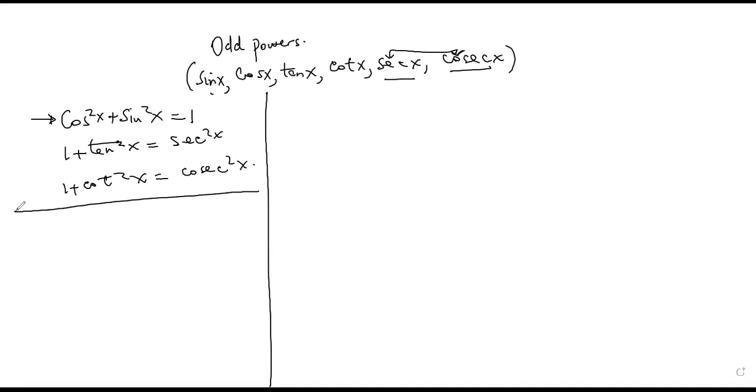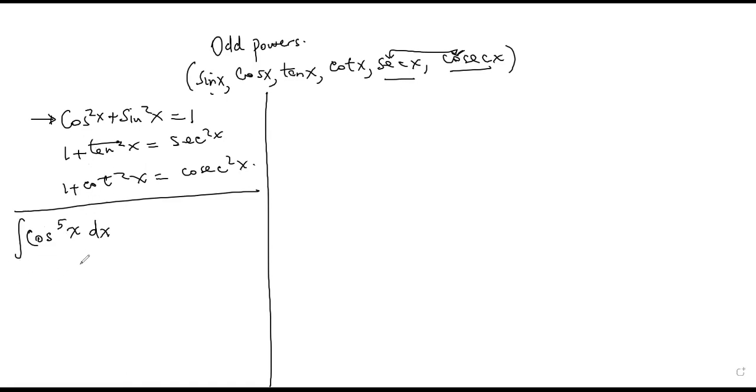I'm going to begin with the integral of cos power 5 x dx. The moment you see power 5, simply know that this is an odd power, 5 is an odd number.